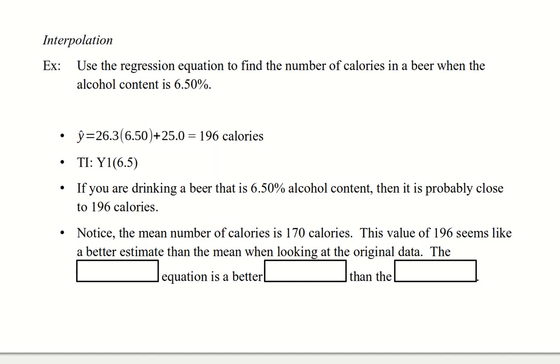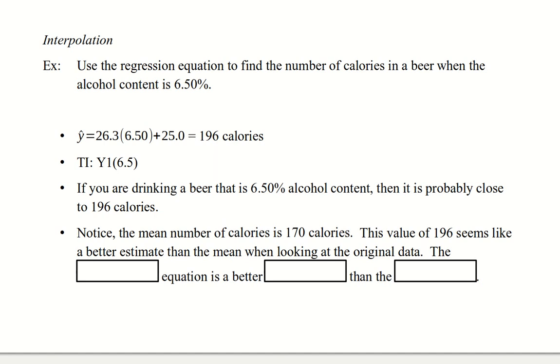The mean number of calories for the beers in our sample was 170 calories. Now, 170 is a lot less than 196, but that's perhaps because that may be correlated to the fact that some of these beers in our sample had an alcohol content less than 6.5.